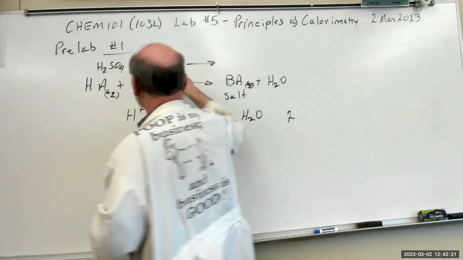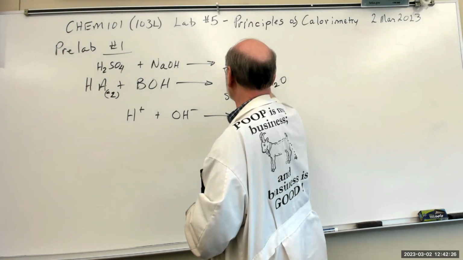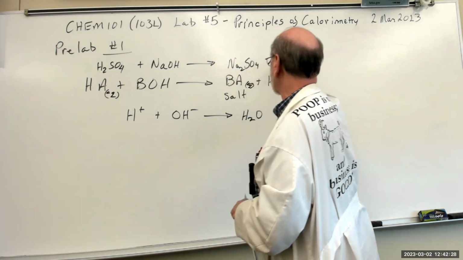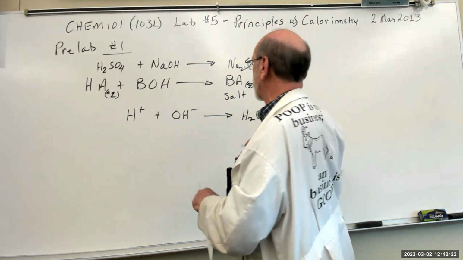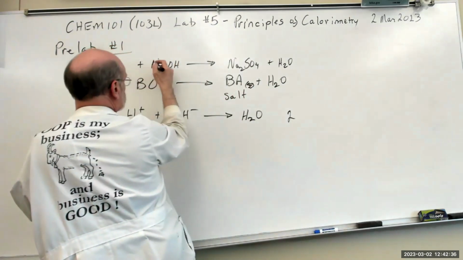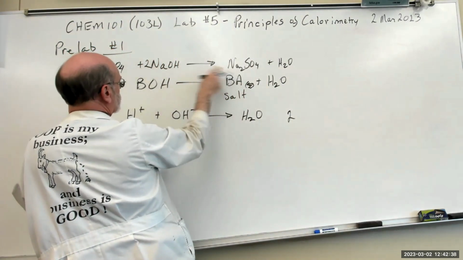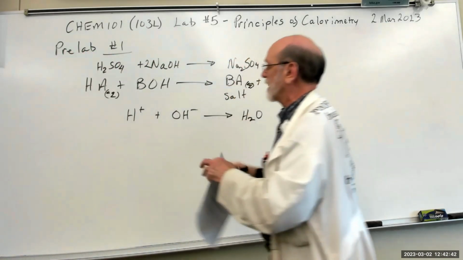What's that going to make? Sodium sulfate. I need 2 of these. And water. Let me see, I need to balance that. 2 hydrogens, 1 sulfate. We need 2 sodiums. Now we've got 2 waters. There we go. That's balanced.